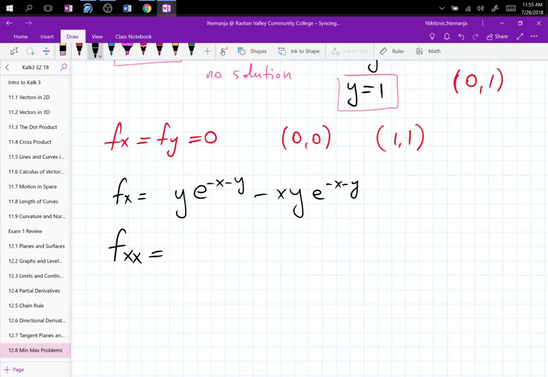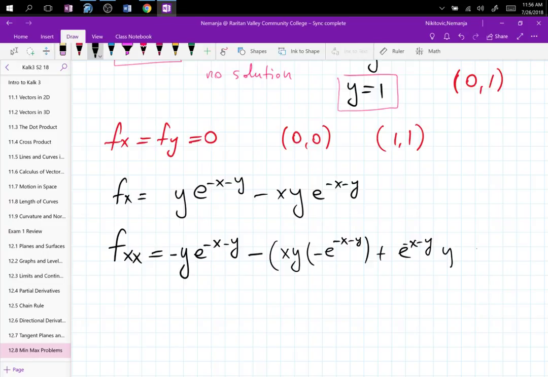So now I have, the first one doesn't have the product rule because we are taking the derivative. So we just go negative y, e negative x negative y. And now over here we do have a product rule. So copy the first times the derivative of the second, plus copy the second times the derivative of the first.